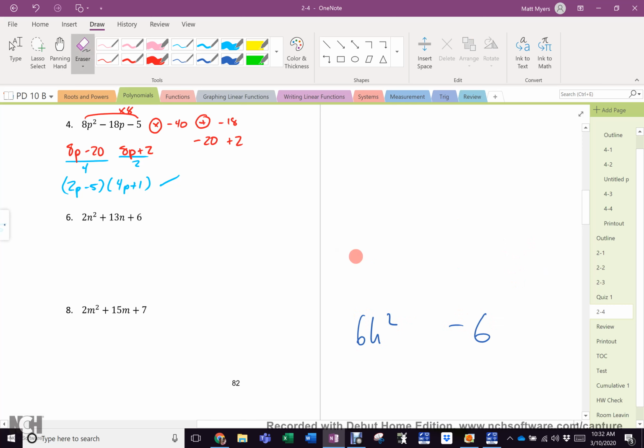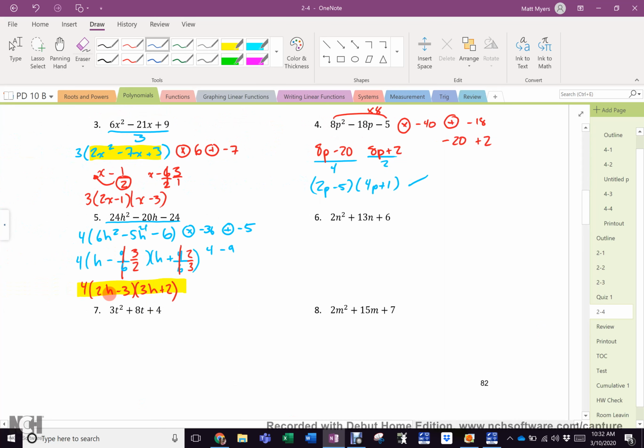You're right on everything but your last 2 numbers. There is the answer. Because 2 times 3 is 6. 3 times 2 is negative 6. Positive 4 minus 9 is negative 5.